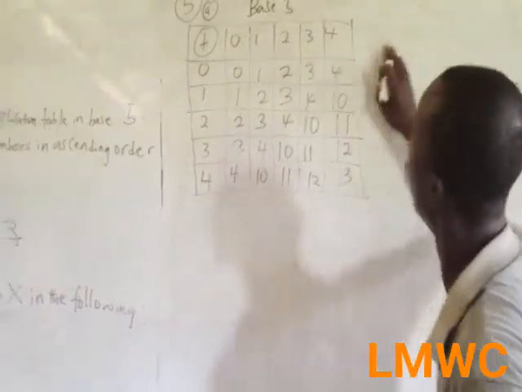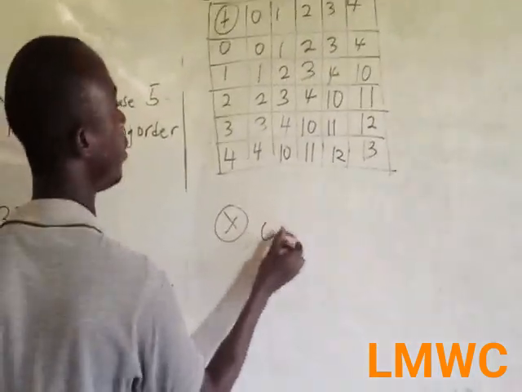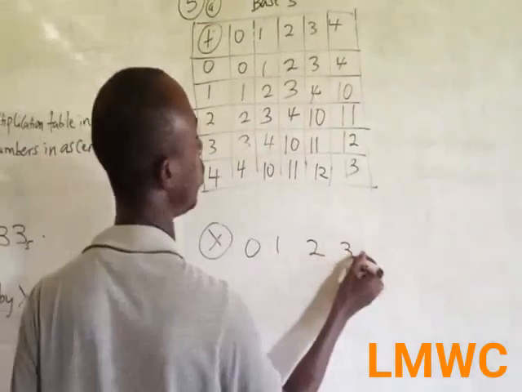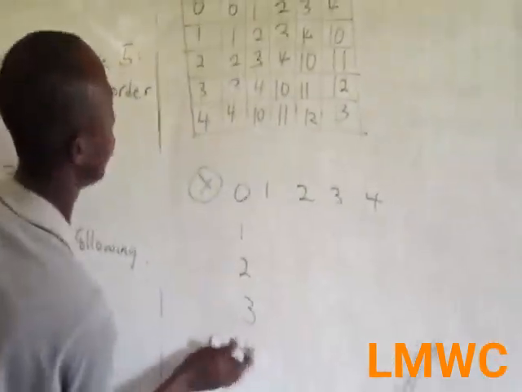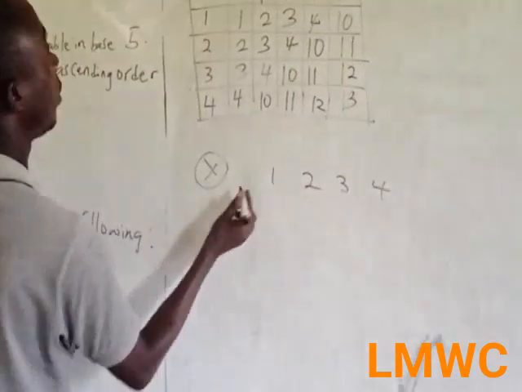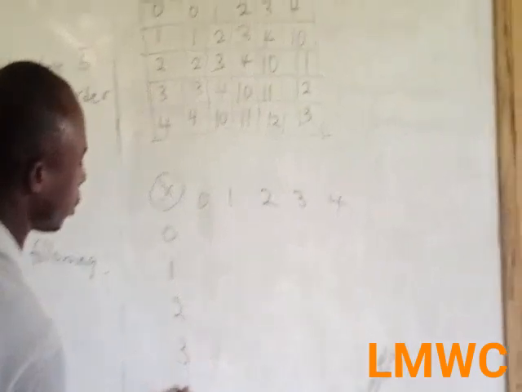Now, let's move on to our multiplication table. So we are having 0, 1, 2, 3, 4. Here is 0, 1, 2, 3, 4.